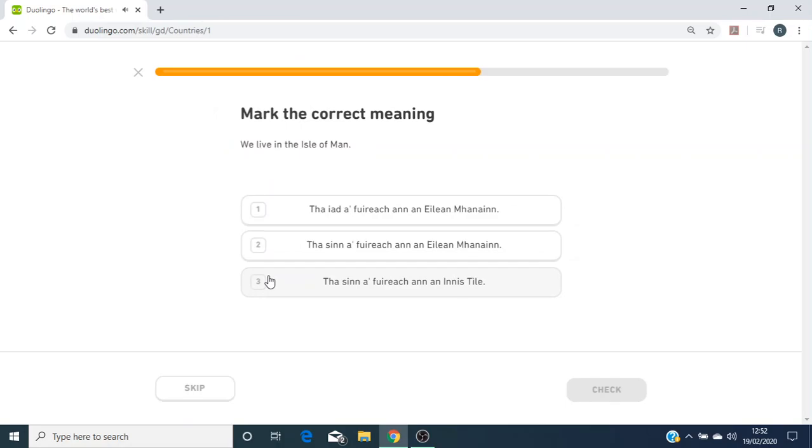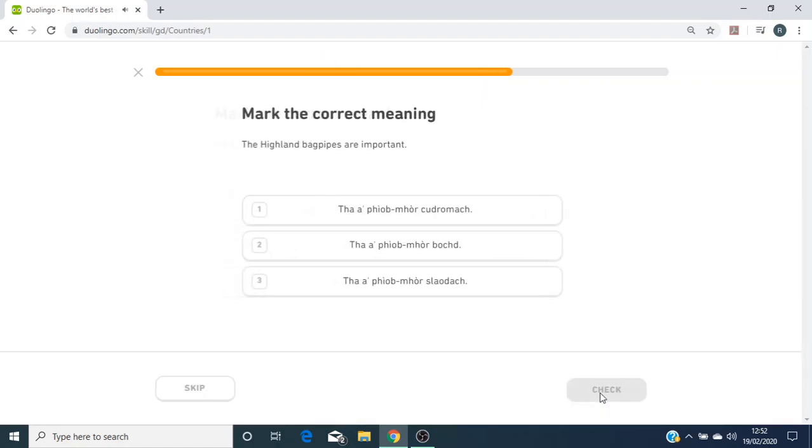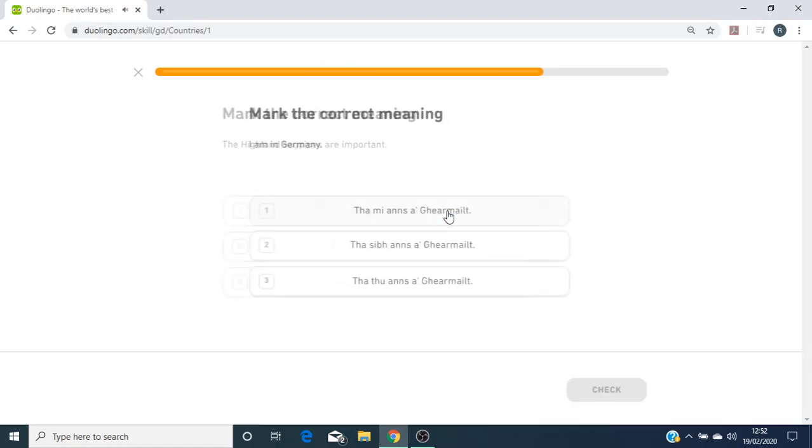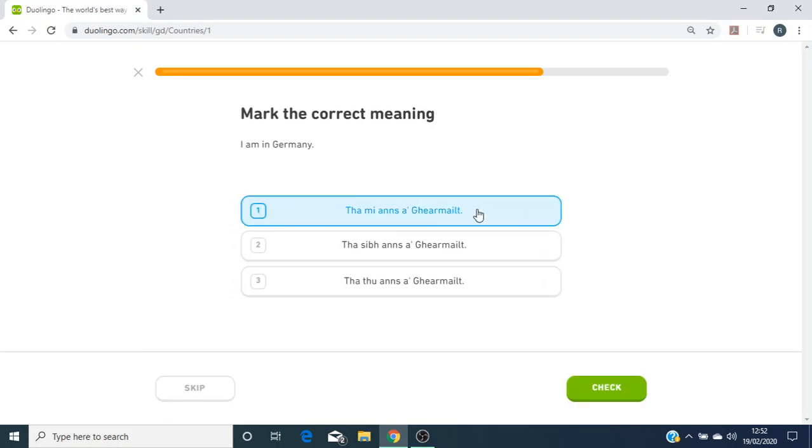We live in the Isle of Man. Highland bagpipes are important. I'm in Germany.